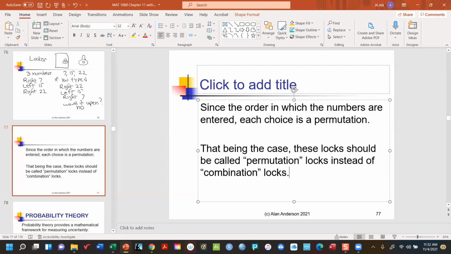Should we do that? Should we start a grassroots effort to get everybody to rename these permutation locks? Maybe not, but you and I know that these are not named correctly. They are actually technically permutation locks. They're not combination locks. Okay, and now you should be proud of yourself because you know that.